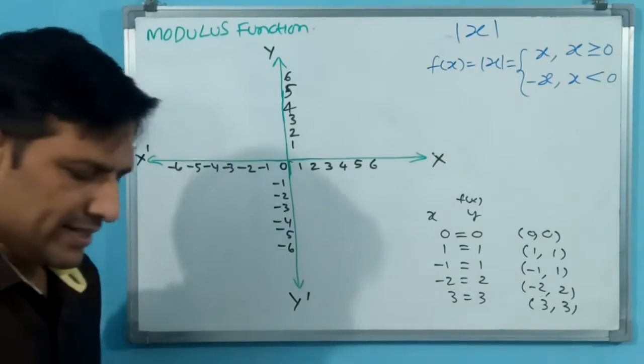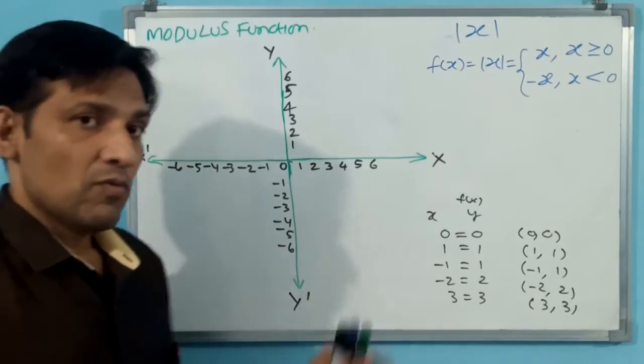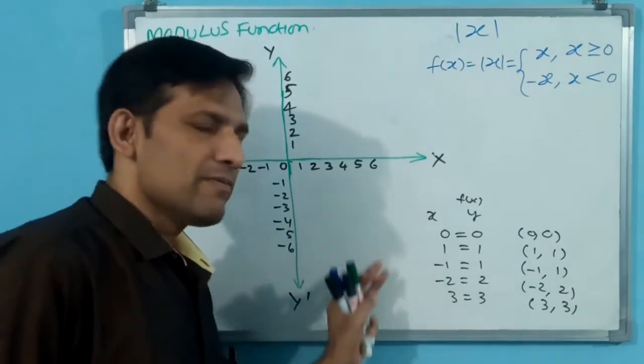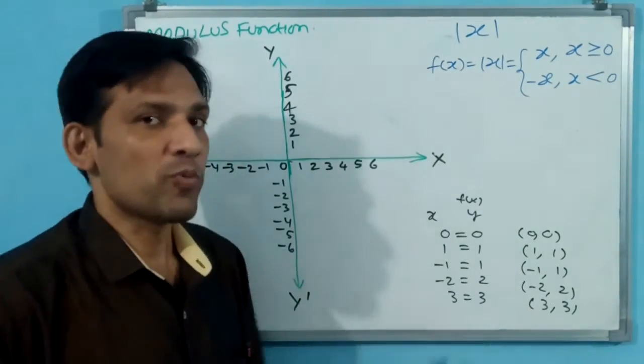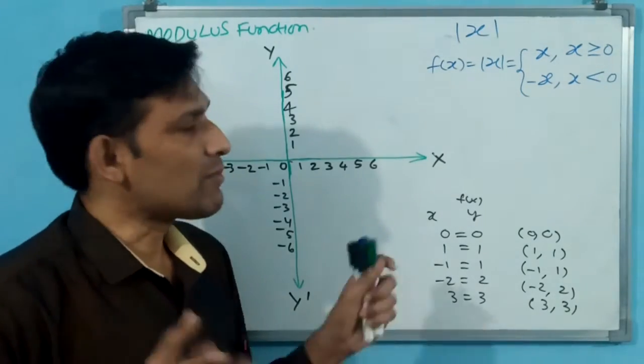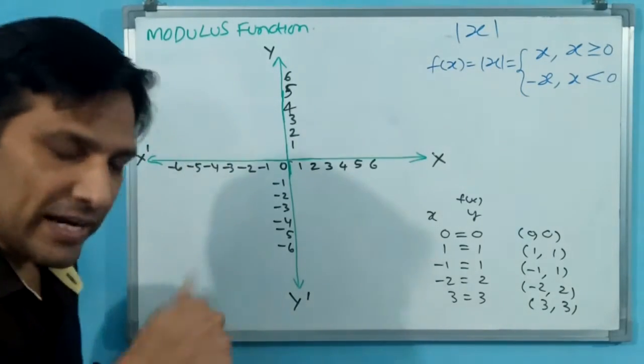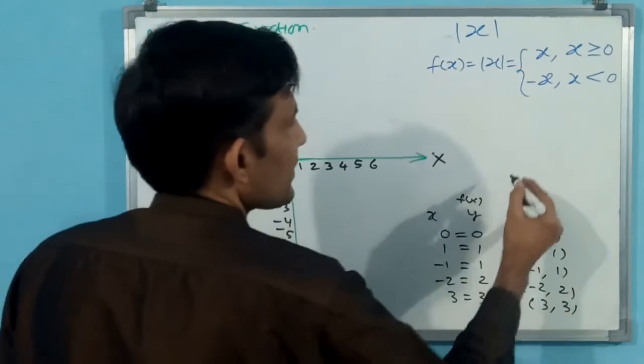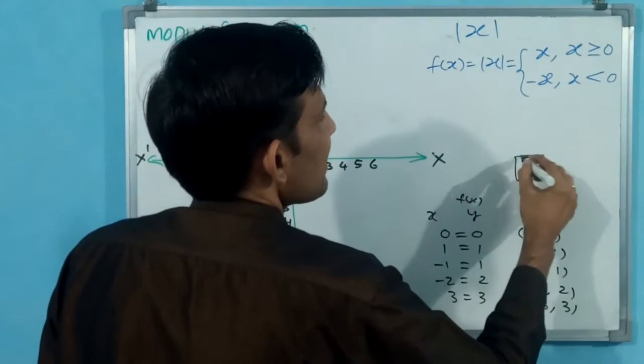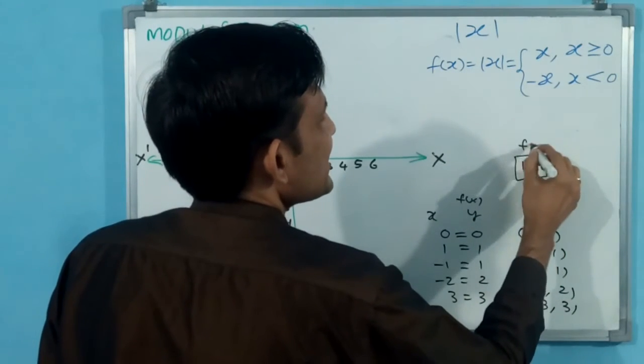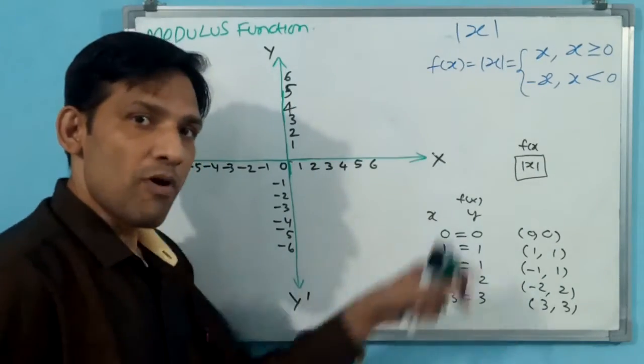But we have learnt up to 10th class input-output type only. But what about function? Here we are learning function. This is f of x, the function box.